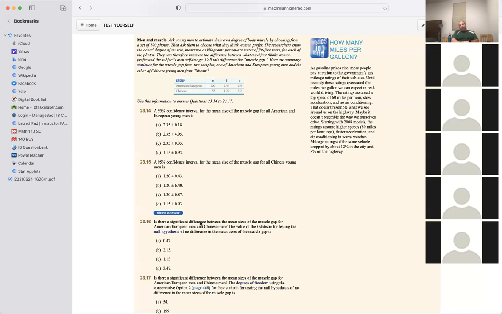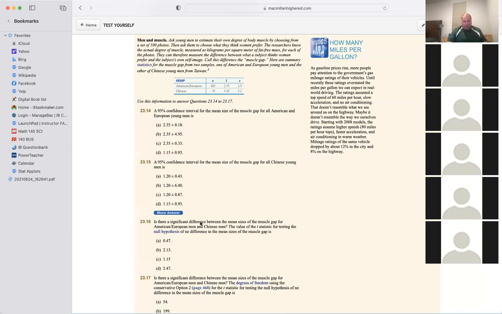Which one do we use for this one? I did 2 sample t-test. Okay, love it. And then I got 1.1. No. I have the answer, but I don't know which one is the answer.